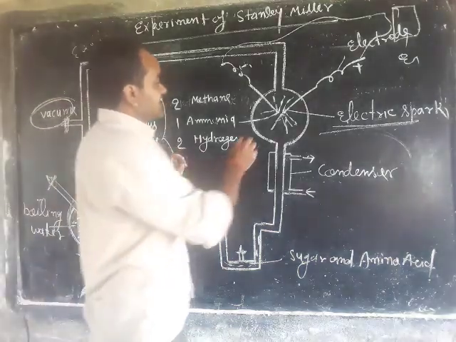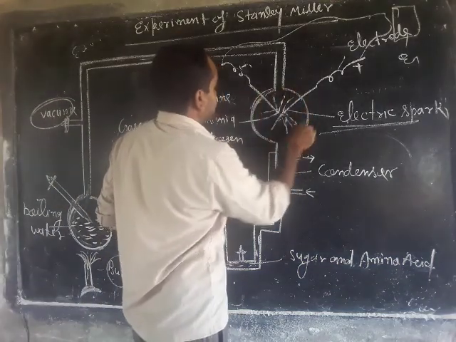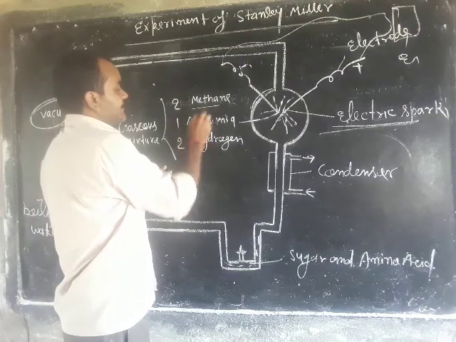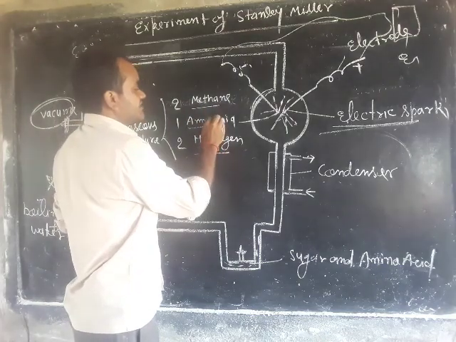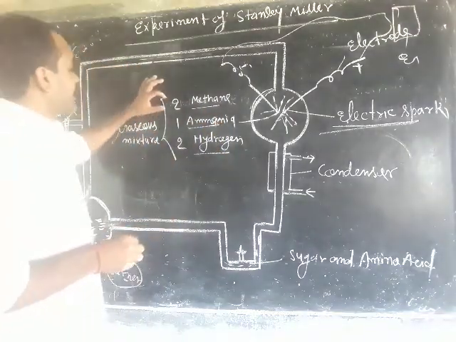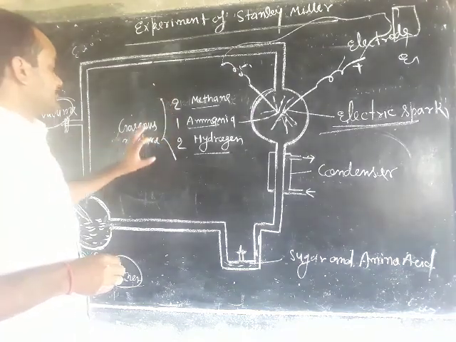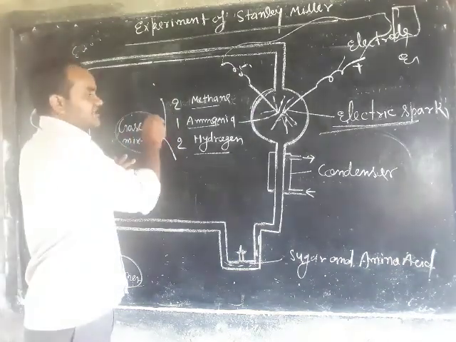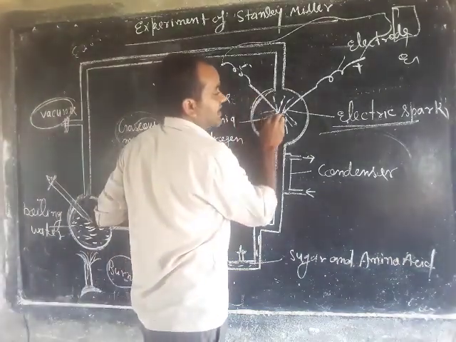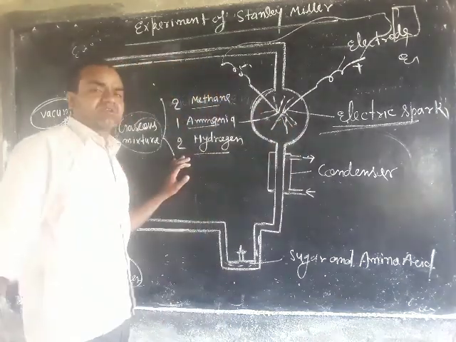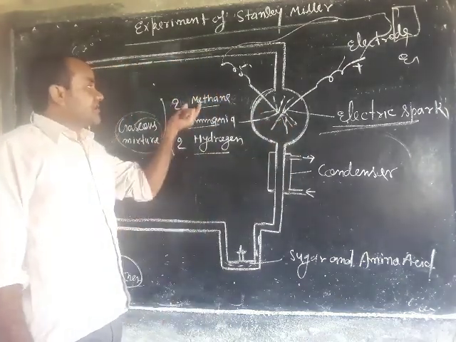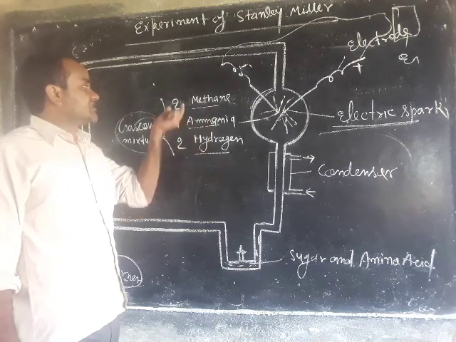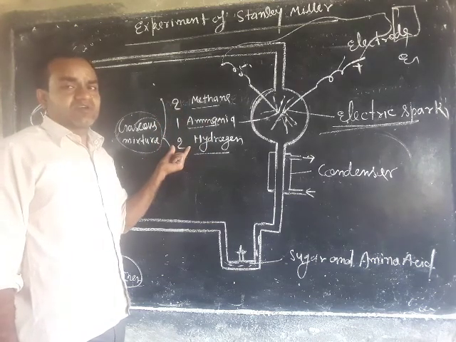In this flask he had taken methane, ammonia and hydrogen gas in a 2:1:2 ratio. This gaseous mixture is filled in the large round flask. Methane, ammonia and hydrogen in a 2:1:2 ratio.